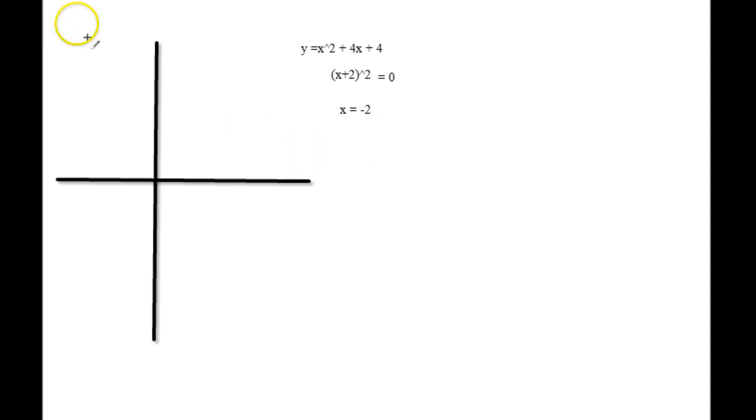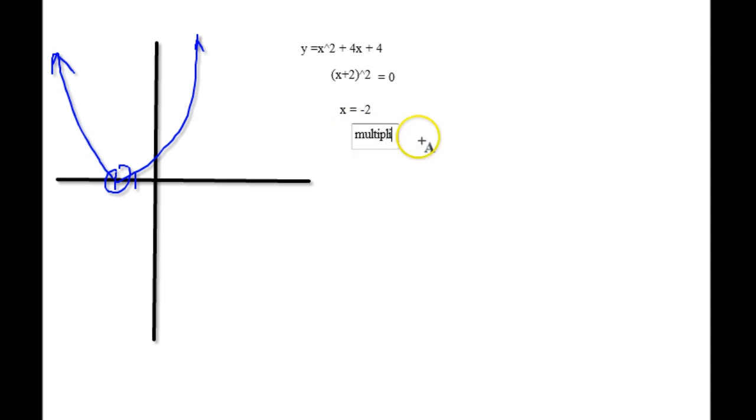But interestingly enough, when I actually graph it, my curve is hitting that point. When you have a curve that hits this point, we call that a multiplicity of 2.